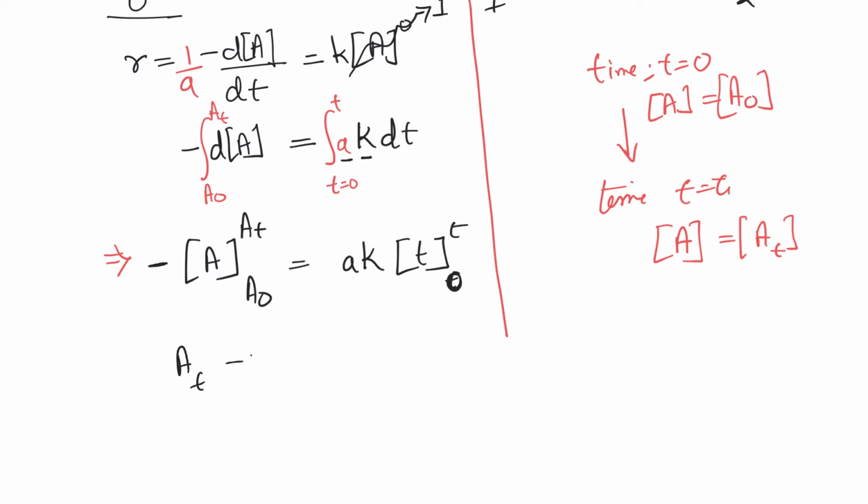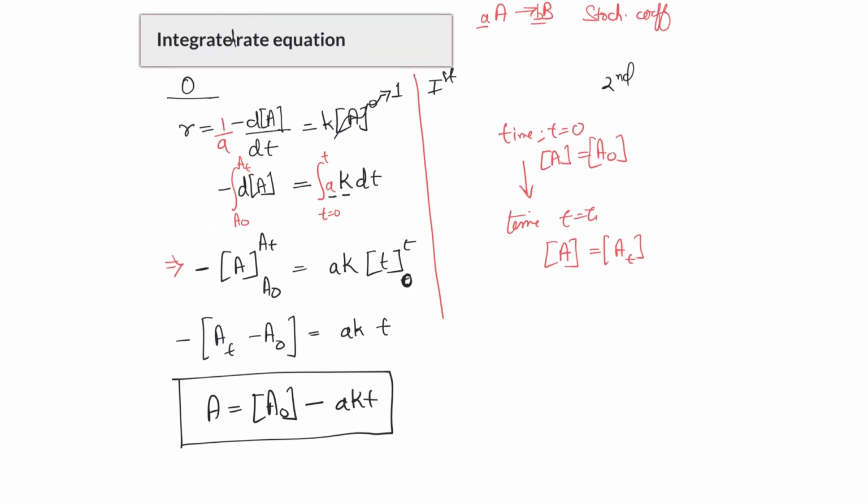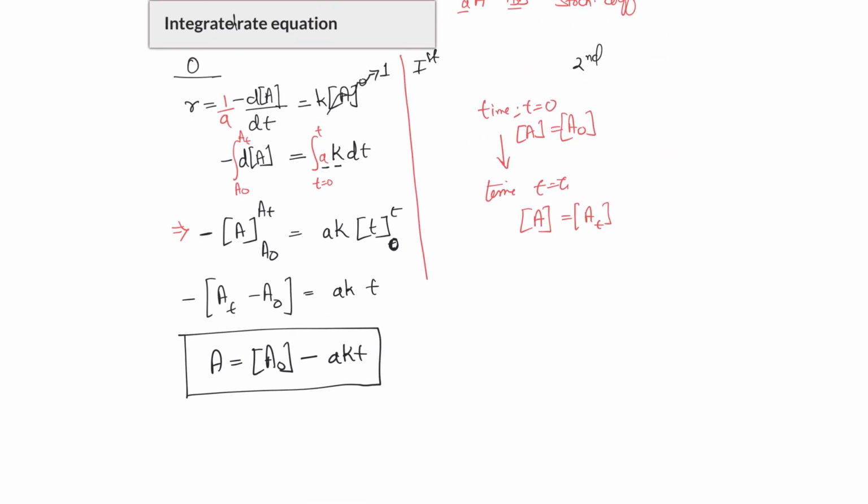That means At minus A0, let's not forget the negative sign, equals aKt, because t minus 0 is t, okay? So that means if you rearrange, you can come by A equals A0 minus aKt. This is the integrated rate law, the integrated rate equation for a zero order reaction, and it is relating the concentration at time t with the time and the initial concentration.